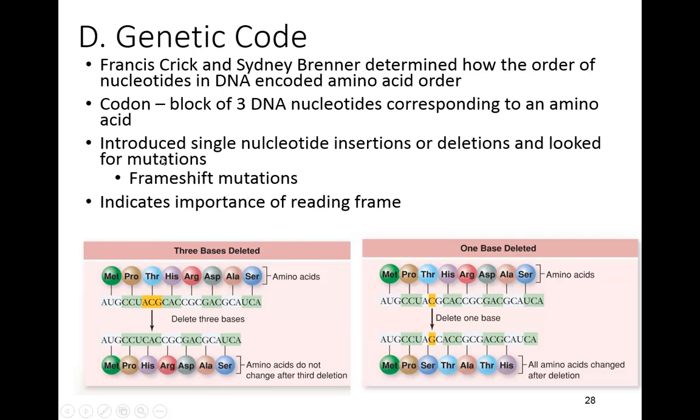The way they figured this out is they would introduce single nucleotide insertions or deletions and then see how that changed the amino acids. This indicates the importance of a reading frame: it was continuous, there were no spaces between these. So if you deleted a base, it messed everything up.